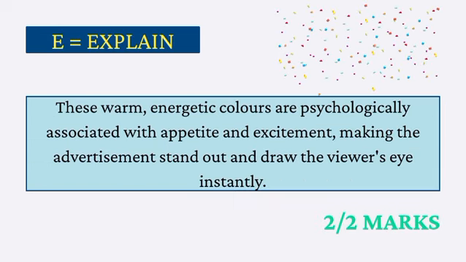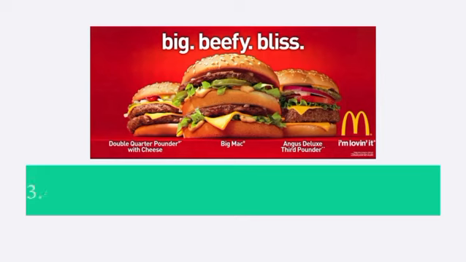Explain: these warm, energetic colors are psychologically associated with appetite and excitement, making the advertisement stand out from surrounding content and draw the viewer's eye instantly. That's a full 2-mark answer. Notice, I didn't just say it's red and yellow. I explained the effect of those colors. 2 out of 2 marks.